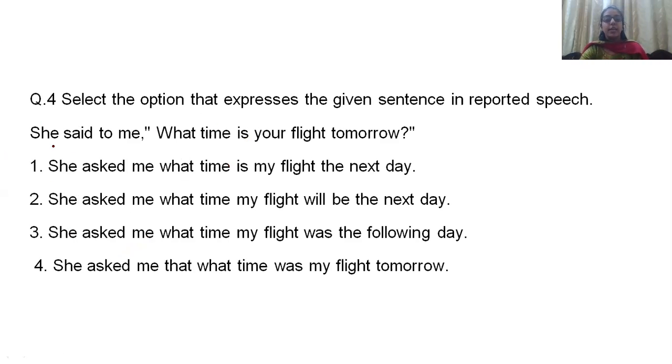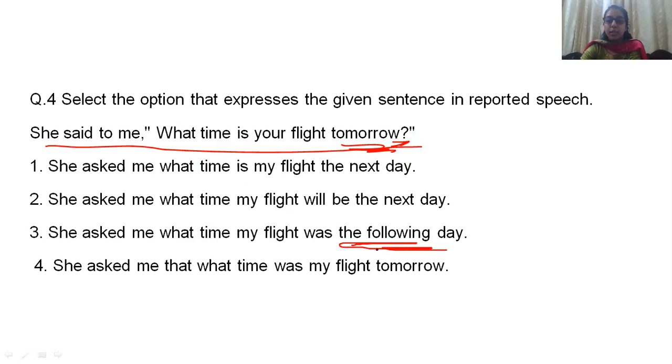The question is, she said to me, what time is your flight tomorrow? Now you know this is an interrogative sentence, so the inverted commas will be removed, but that is clear. Tomorrow will be changed to the following day. So this seems to be the correct answer, but still we'll look at the other aspects.